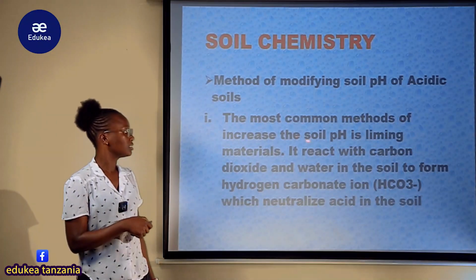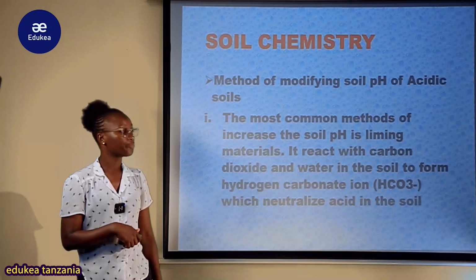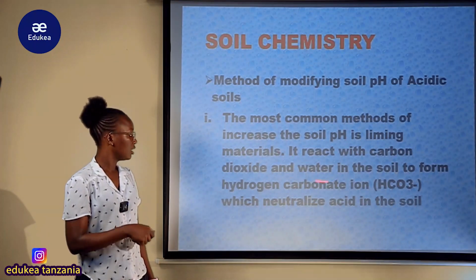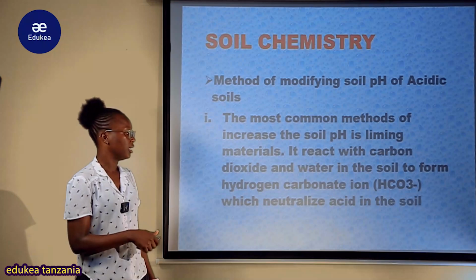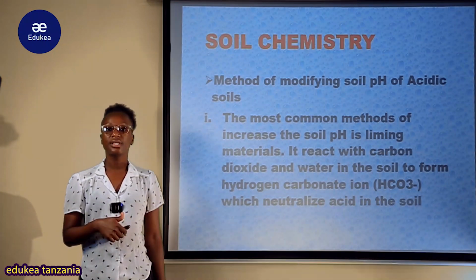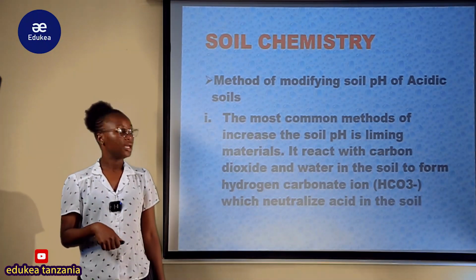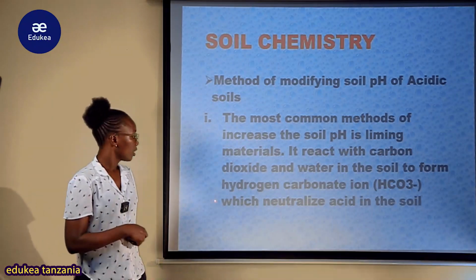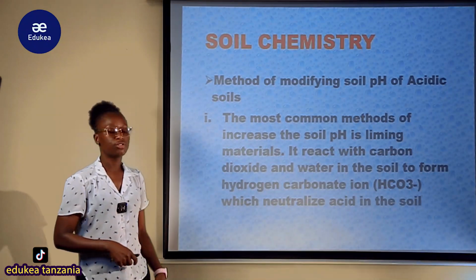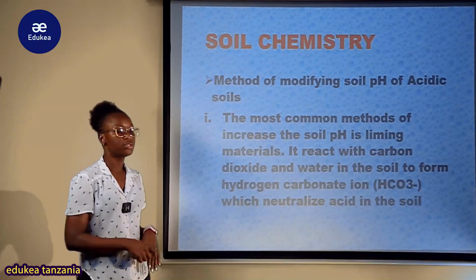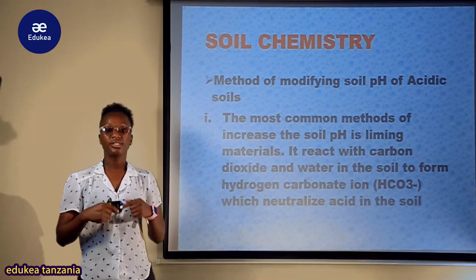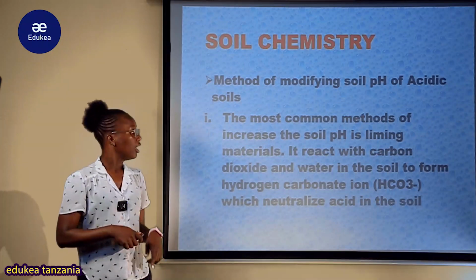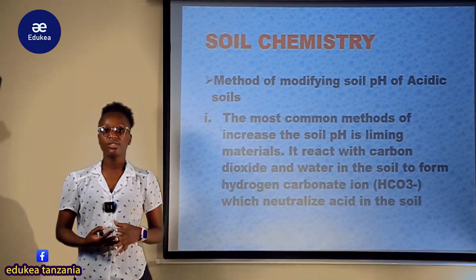Now here in the method of modifying the soil pH of acidic soils, the most common method of increasing the soil pH is liming material, whereby it reacts with the carbon dioxide and water in the soil to form hydrogen carbonate ions. So these hydrogen carbonate ions are basic material, which neutralize the acid in the soil. The increase of these ions, which are basic in nature, will tend to neutralize the presence of acid in the soil. So here the liming material will be used.